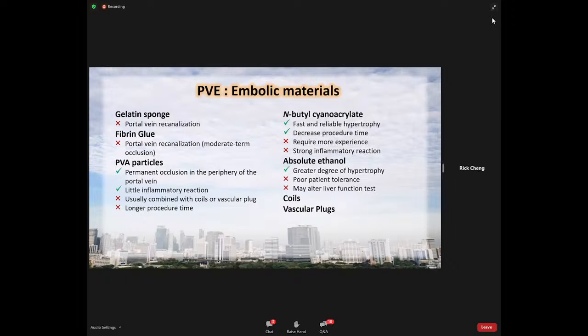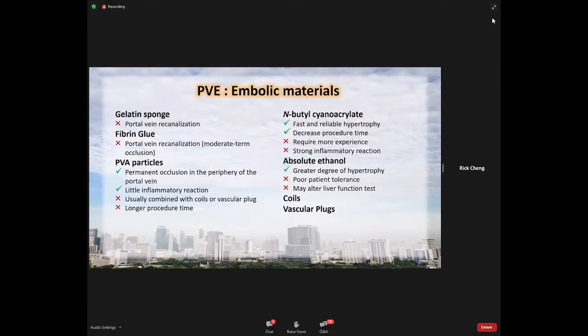Many kinds of embolic materials have been described for PVE, depending on operator experience and preference. In general, temporary embolic material should be avoided due to higher risk of portal vein recanalization. PVA particles are easy to control, but take longer time to reach complete occlusion.